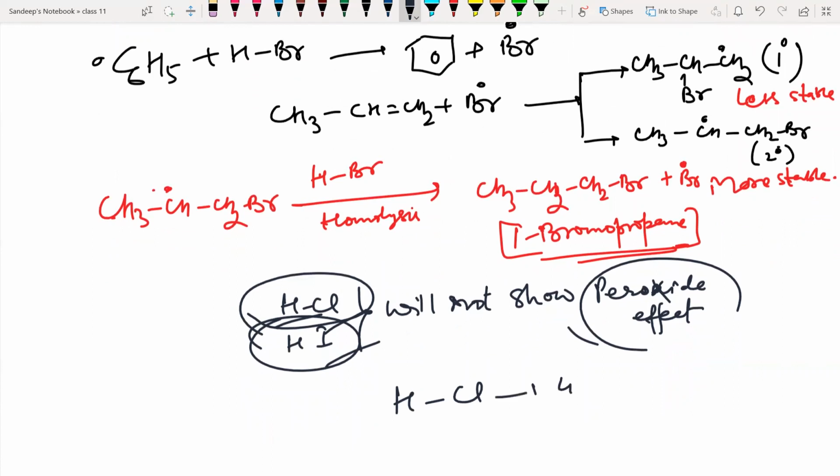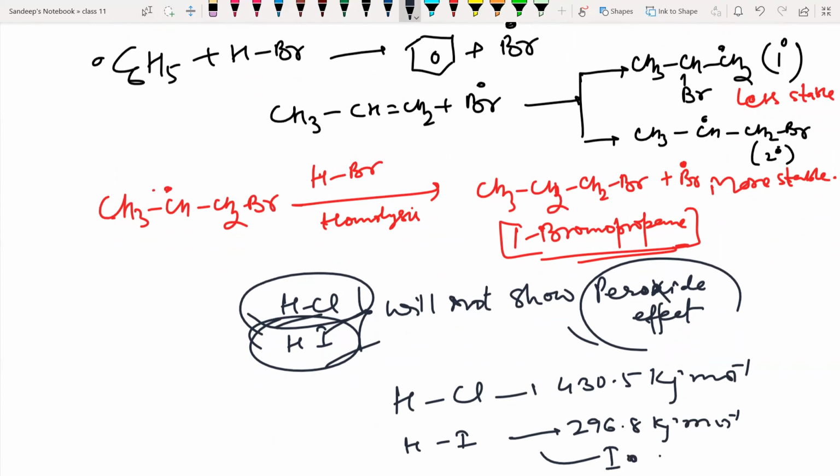In HCl, the bond energy is 430.5 kilojoule per mole, which is very high. And in case of HI, it is very low, 296.8 kilojoule per mole. The iodine free radical formed combines with another iodine free radical to form iodine instead of combining with the propene molecules. So that's the reason.